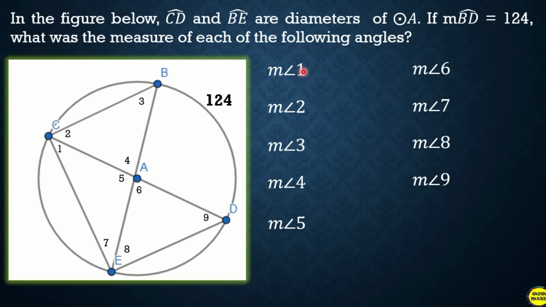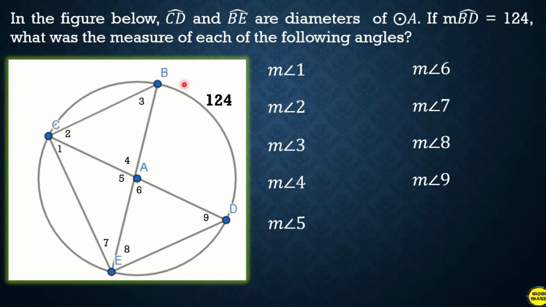So, bago natin sagutan to, tingin muna tayo sa figure. So, hindi natin agad makukuha si angle 1, no? Kapag ganito, kung ang given is 124, hindi mo agad siya makukuha. So, therefore, sagutan muna natin yung makukuha natin na given.